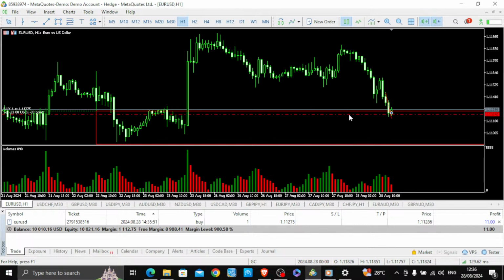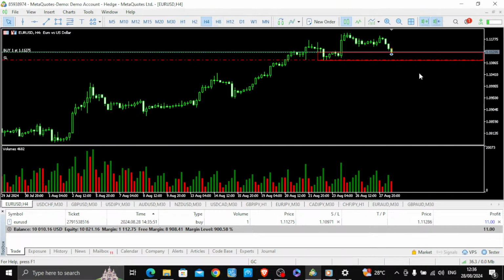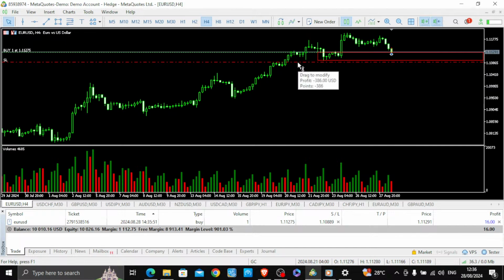So to give room for the market, we can choose our stop loss below this area here, which will be giving us about 8 pips.